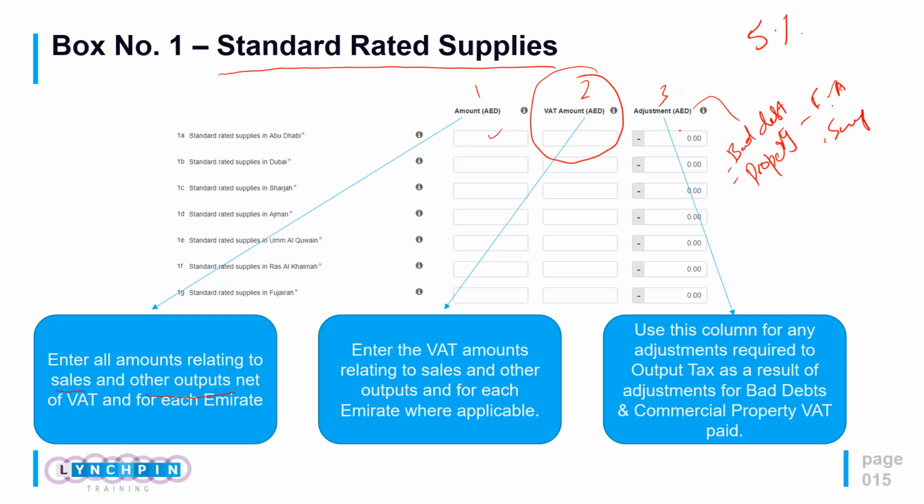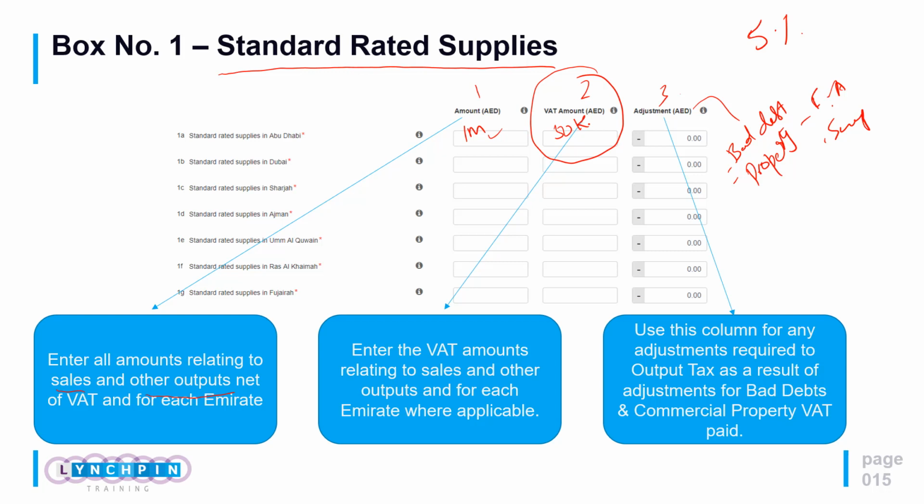Let's say I have got some sales and my only sale is that I'm selling my commercial office space. Let's say my sale is 1 million, so I'll input it here. On this my output VAT, which I must have charged, is 50,000.